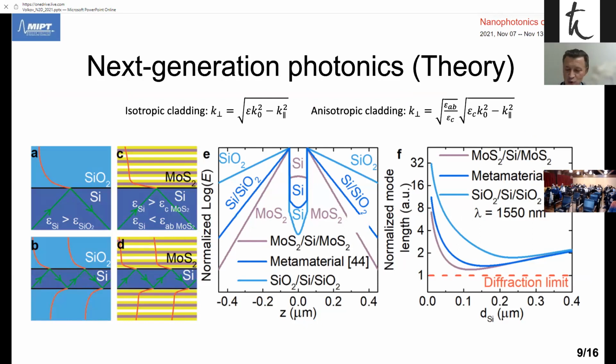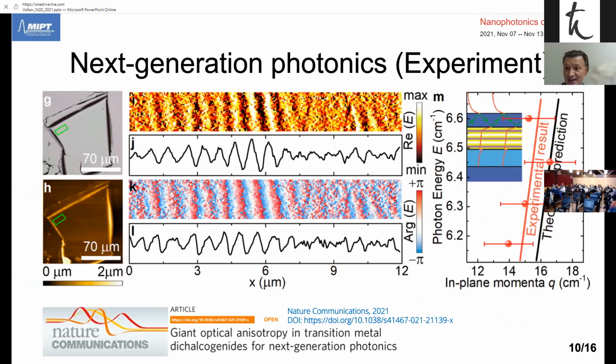And to experimentally demonstrate evidence of this effect, we covered the surface from this interface for a planar E-skid waveguide.